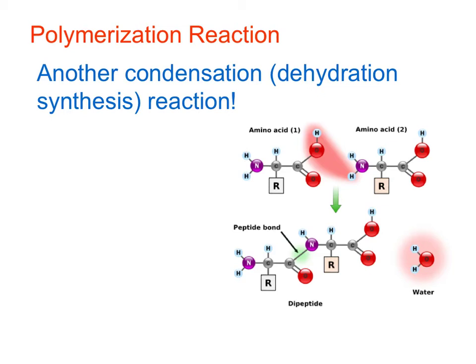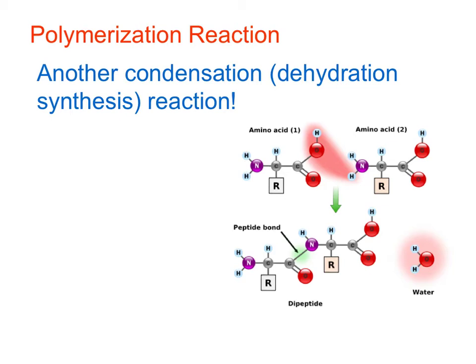So in this graphic I'm showing you two amino acids. They each will have a different R chain or side group, but they both have the amino group and they both have the carboxyl group. They will have a condensation reaction or a dehydration synthesis reaction. And we've seen this with the carbohydrates. We've seen it when a fatty acid attaches to a glycerol to make a triglyceride. So there's really nothing too new here.